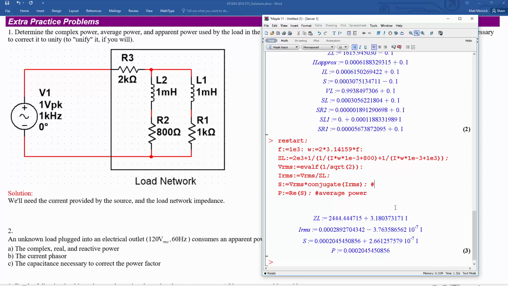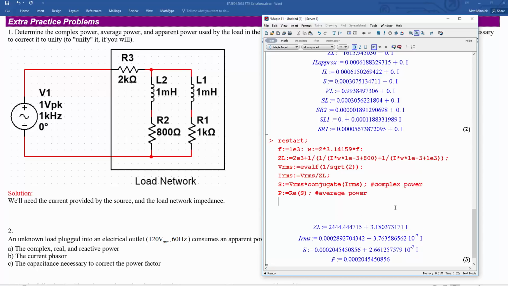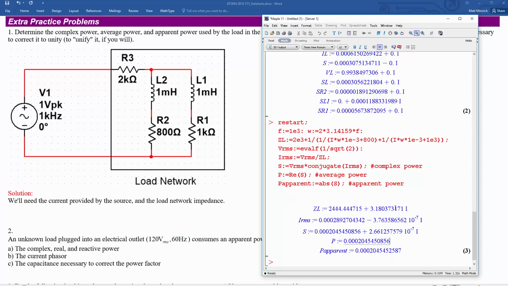The apparent power would be given by the absolute value of the complex power. So P apparent is equal to abs of S. Because the imaginary part was so small, in this case it's almost the same as the real power.